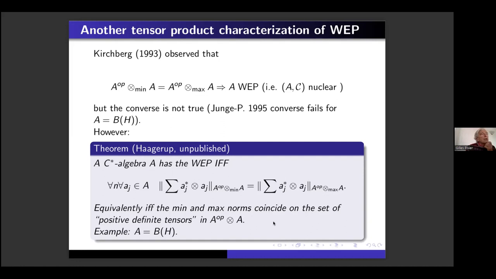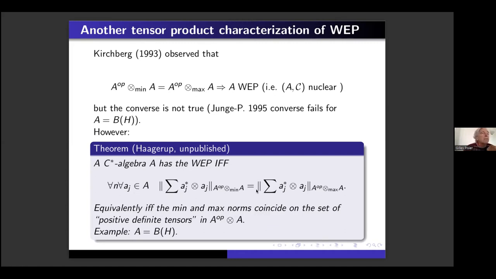To show what we did, we showed that B of H fails this equality for some tensors. And the difficulty is that B of H is injective. So B of H has WEP, so B of H satisfies this.